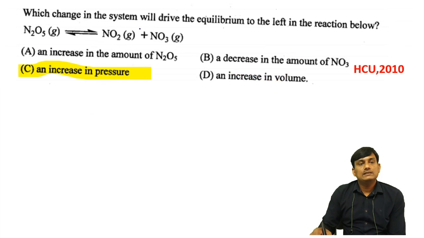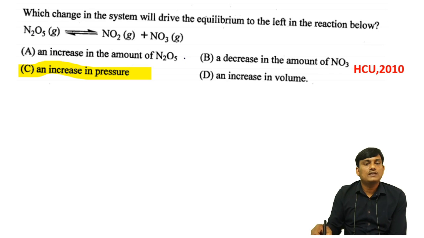Which change in the system will drive the equilibrium to the left in the reaction below? According to Le Chatelier's principle, if you increase the concentration of reactants, the equilibrium shifts towards the right side. If you increase the concentration of products, the equilibrium will be shifted towards the reactant side. Let's take the first option, an increase in the amount of N2O5.